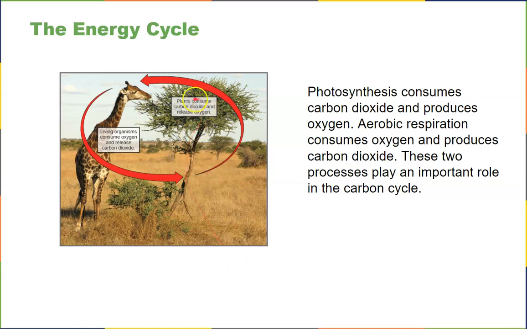So the plant creates sugar and oxygen, which are used by other living animals, and then the animal is going to release carbon dioxide and water. Okay, so it comes full circle. So the reactants of photosynthesis are the products of cellular respiration.